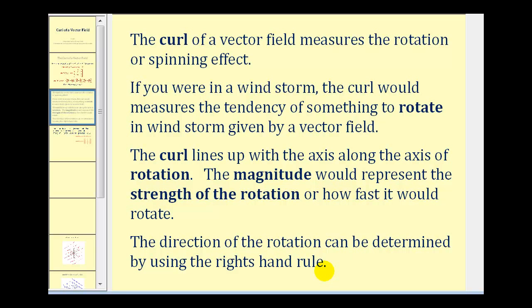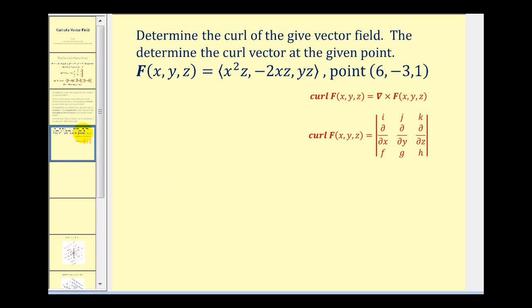Let's go and take a look at an example. We want to determine the curl of the given vector field and then determine the curl vector at the given point. So let's go ahead and set up this 3x3 determinant to determine the curl of vector f. The first row will be i, j, k.